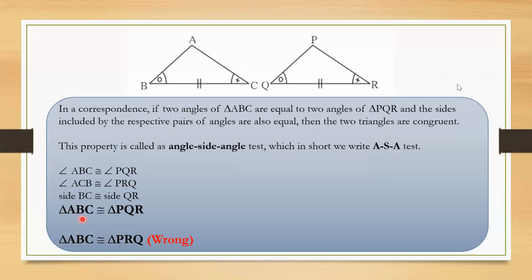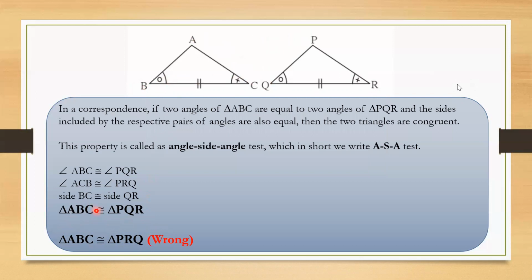If A exactly coincides with point P, you have to first write down P. B exactly coincides with which point in this triangle? It coincides with point Q. So if second is B here, here also second should be Q. If you write down R here, this will be wrong and your half marks will get cancelled.